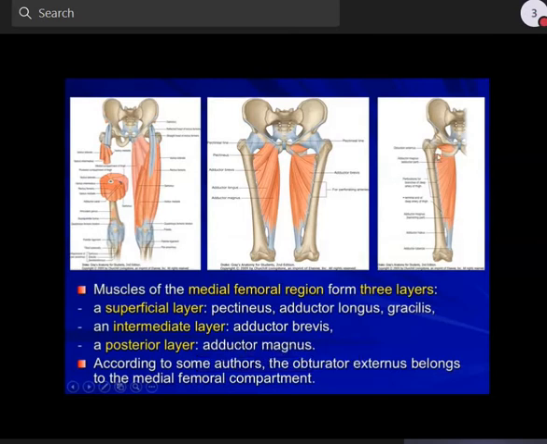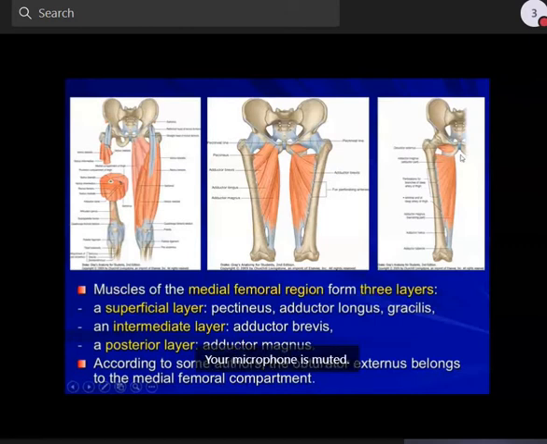Its superior part comprises muscle fibers that pass in a transverse, horizontal manner, and this uppermost part of the adductor magnus, with a horizontal course of muscle fibers, is called the adductor minimus.